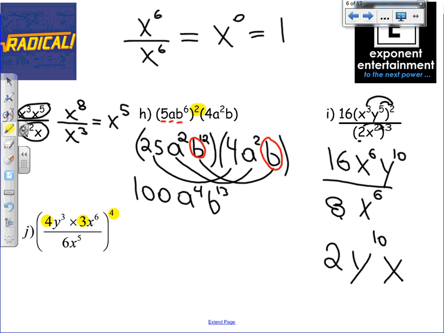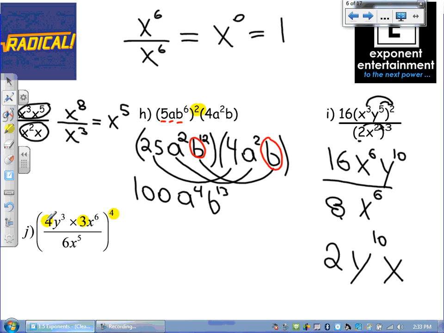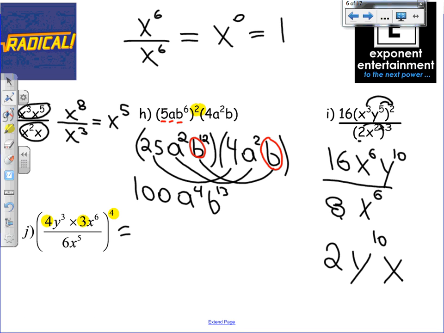So on the top we'll have what, Joe? 12 y to the 3, x, and the brackets are still there. The order doesn't matter in multiplication. On the bottom we still have x to the power 5, and that's all still to the power 4.